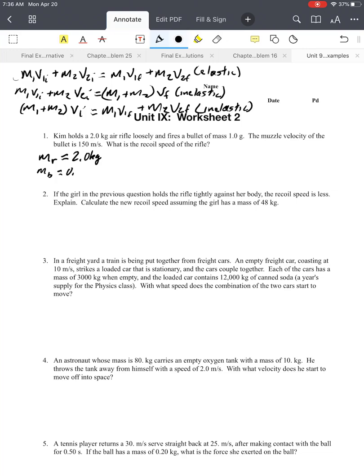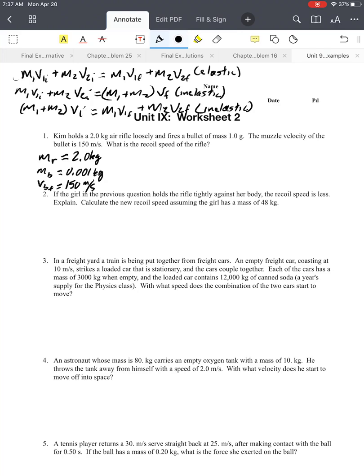And that is going to be 0.001 kilograms, because it said it was 1 gram. And then we have a muzzle velocity of the bullet is 150 meters per second. So there's going to be a final velocity of the bullet that's 150 meters per second.